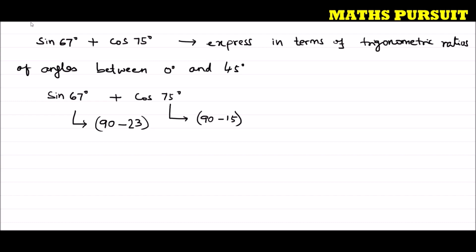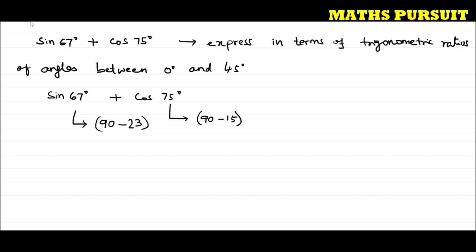Now 67 I can write as 90 minus 23, and 75 I can write as 90 minus 15. I believe till here we are very clear.